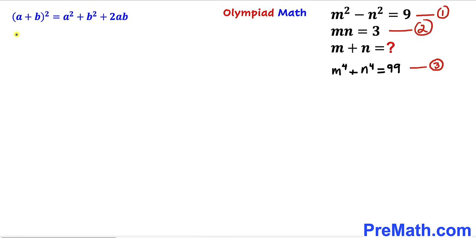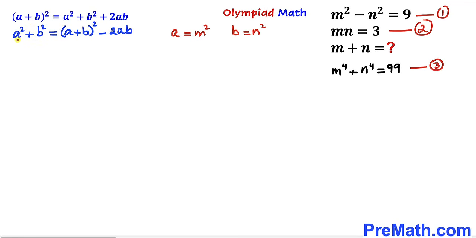So a square plus b square is equal to a plus b whole square minus 2ab. Now let's assume that a equals m square and lowercase b equals n square.